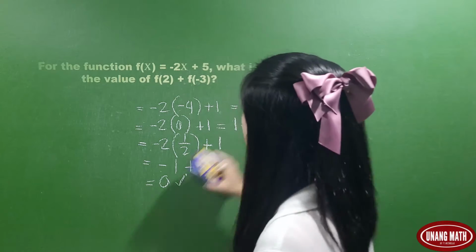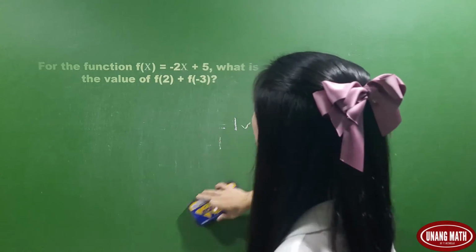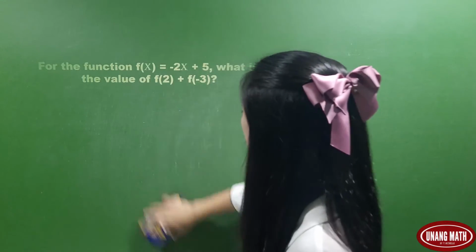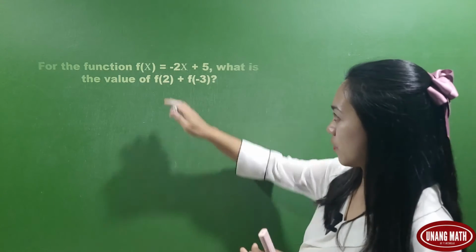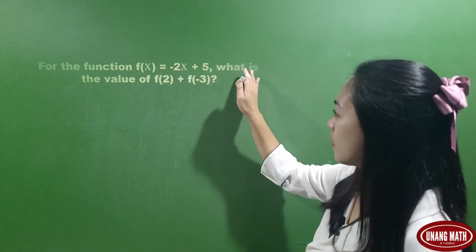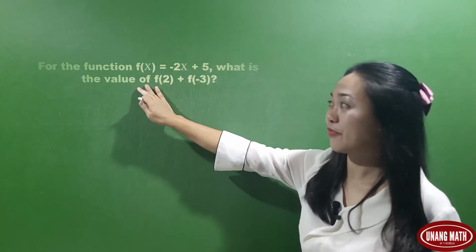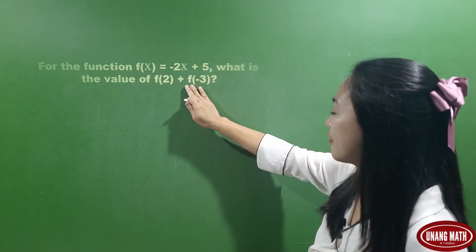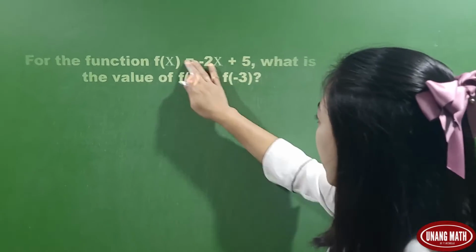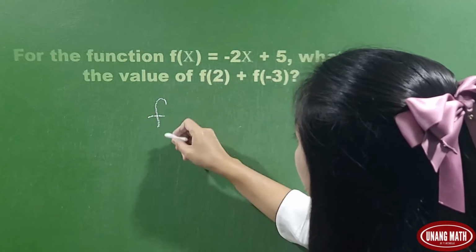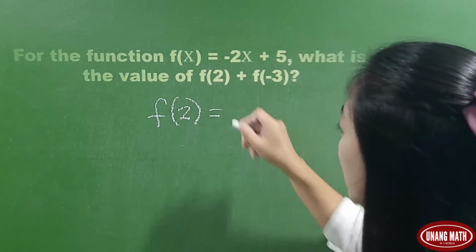Okay, now let's answer these simple problems. The first problem or question is, for the function f of x is equal to negative 2x plus 5, what is the value of f of 2 plus f of negative 3? Okay, first, this function, f of 2.